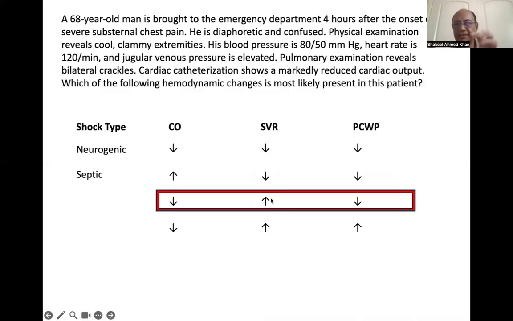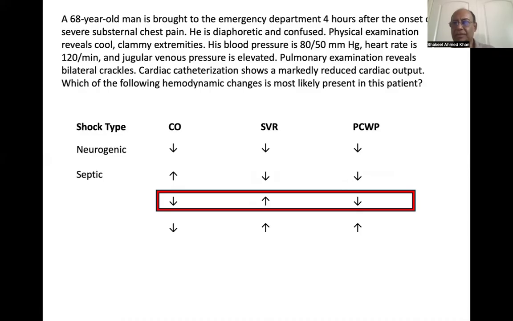There is no vasodilatation and no nerve problem. But PCWP is decreased. So what kind of shock is this one, in which the heart is okay and the peripheral resistance shows constriction? You see the cold clammy skin, but PCWP is low.